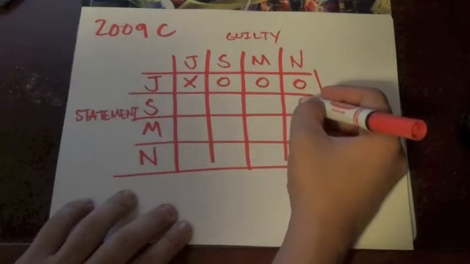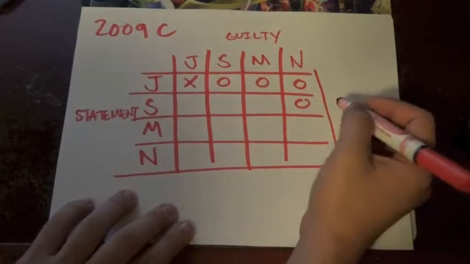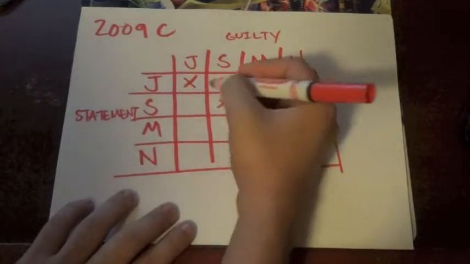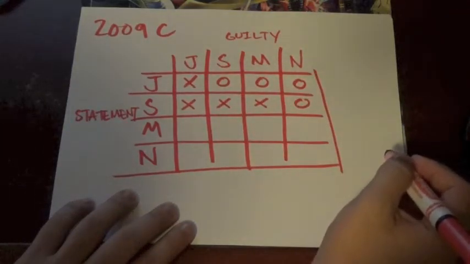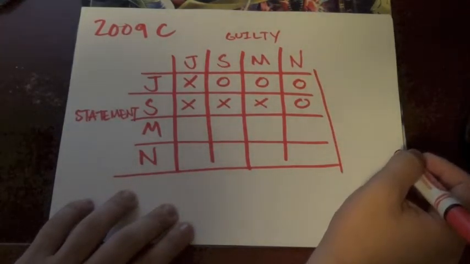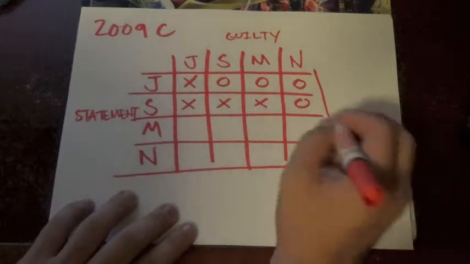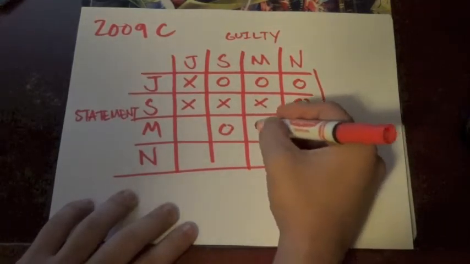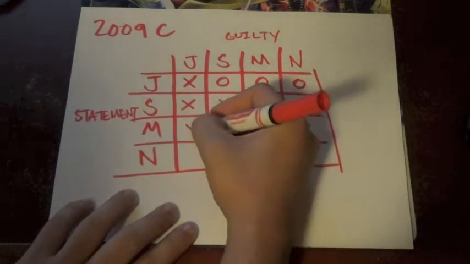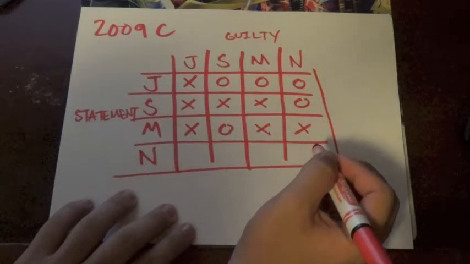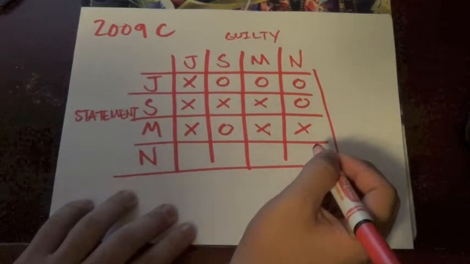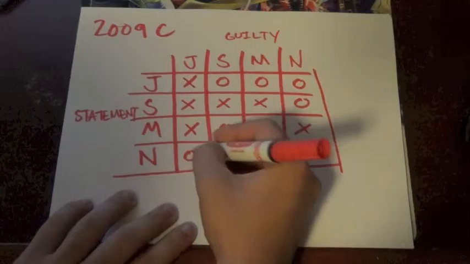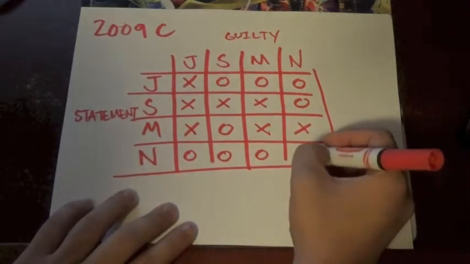Sandy says that it was Nicole, meaning it wasn't any of the other three girls. Melissa says, no, it was Sandy. Nicole says Sandy is a liar, meaning Nicole's statement is the exact opposite of Sandy's.